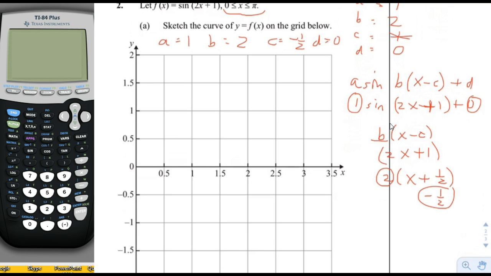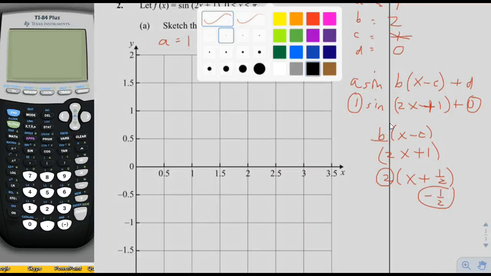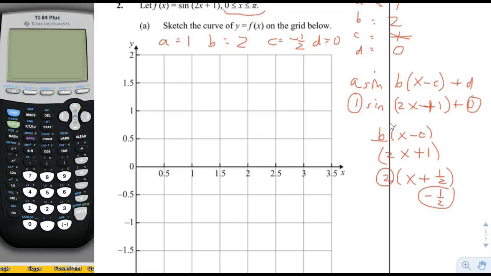Okay, so let's see. Since b is 2, we'll draw the regular sine wave first. Normally the sine wave goes from 0 to 2 pi, and this would be 3.14, this would be 1 pi. So it would go kind of like this.